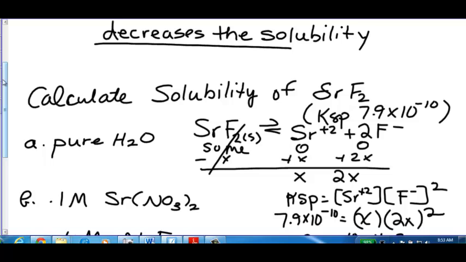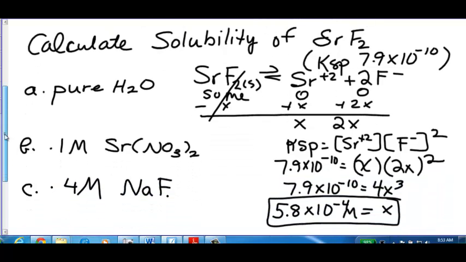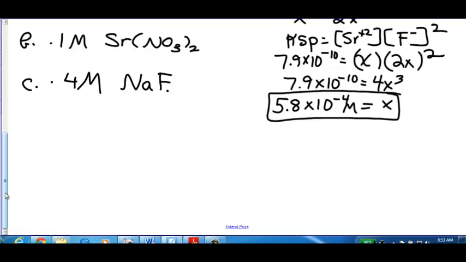All right, compare your work with mine. I think most of you are there. You should have calculated the solubility of the strontium fluoride to be 5.8 times 10 to the negative 4th molar in pure water. Any issues?